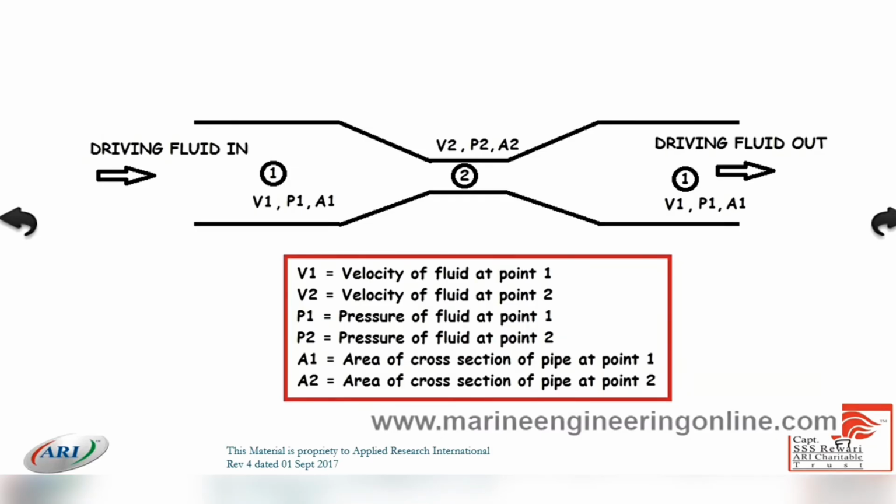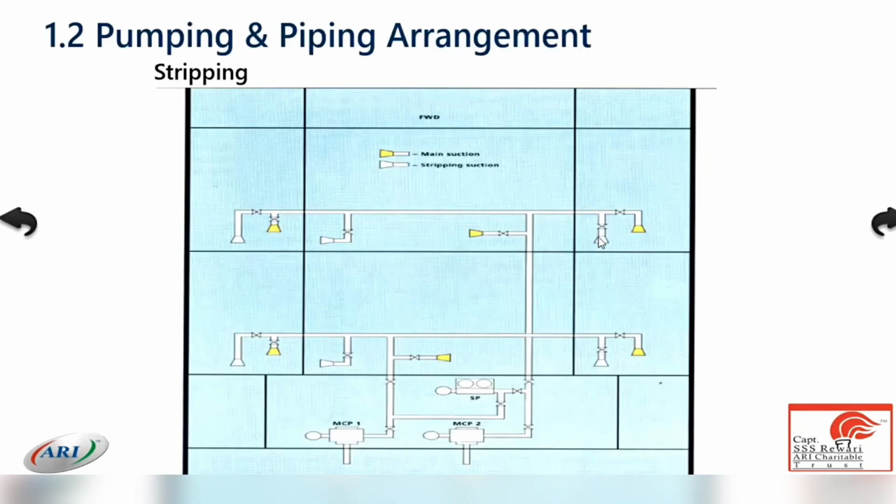And the stripping line which is used is a smaller diameter pipe, as we saw in that. These are the stripping suctions and these are the main suctions. The stripping suction, you have a valve here. Both are immersed in the well.